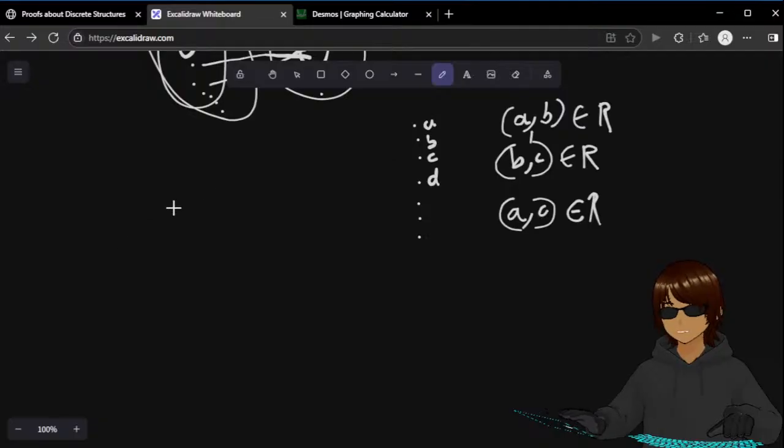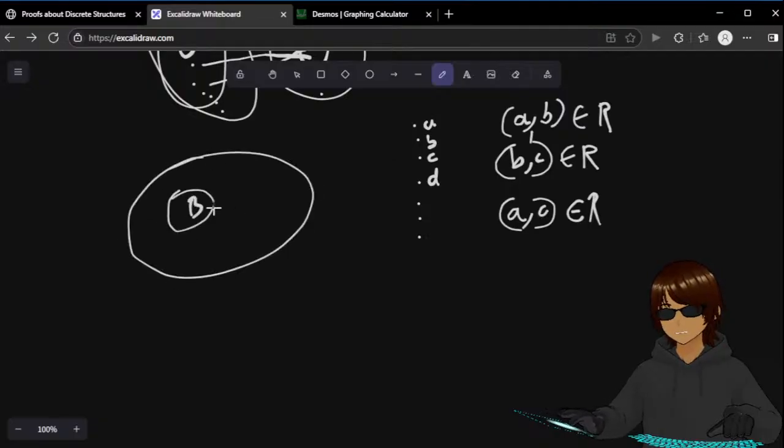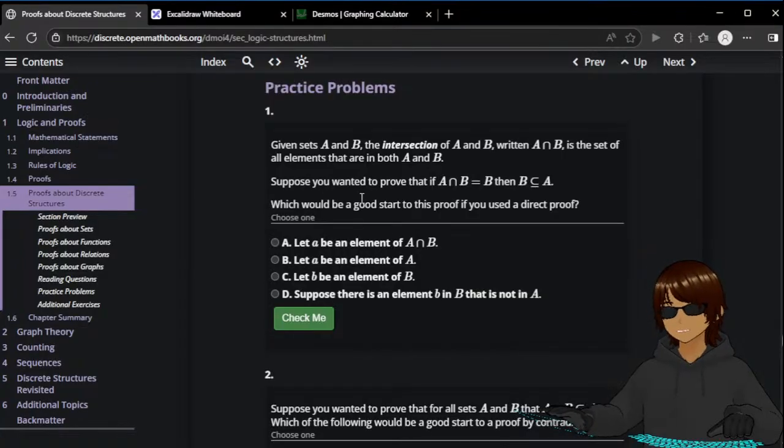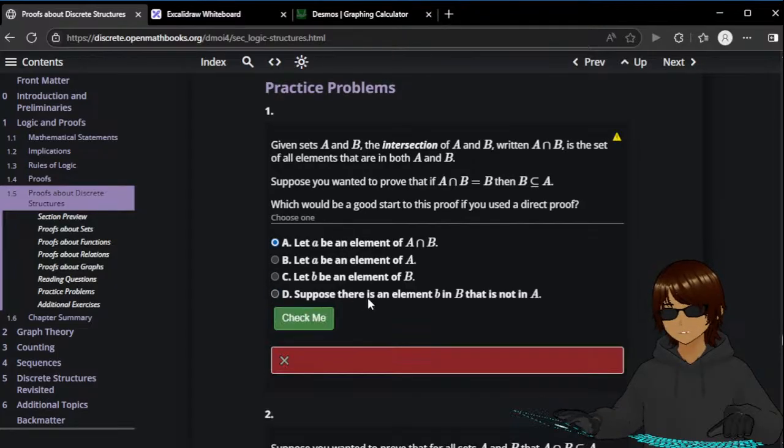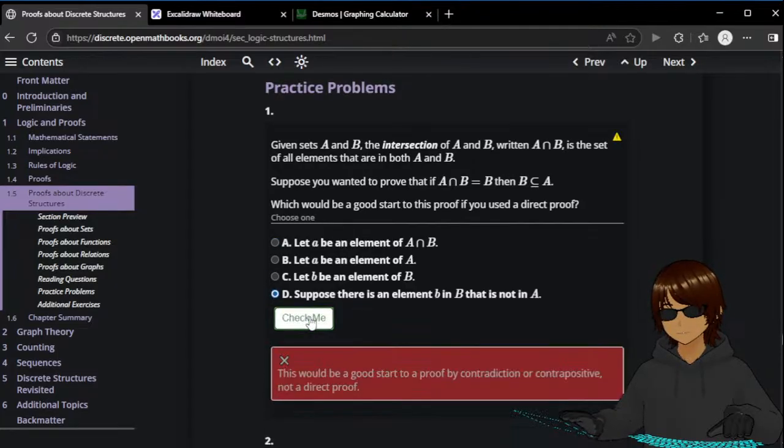If A intersection B is just B itself, then that means B is a subset of A, which would be a great start. Let x be an element of A intersection B. I think this would be a direct proof. Let x be an element of it.